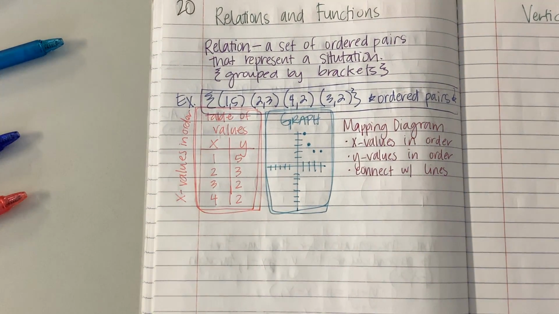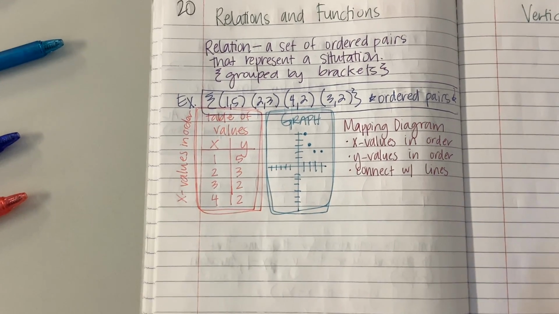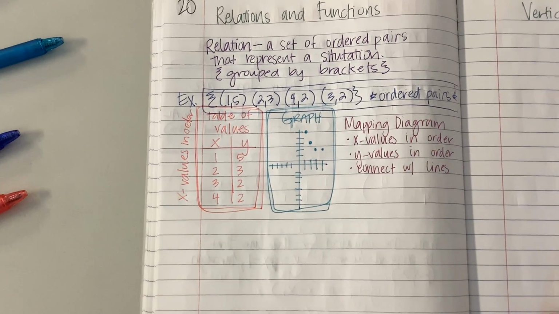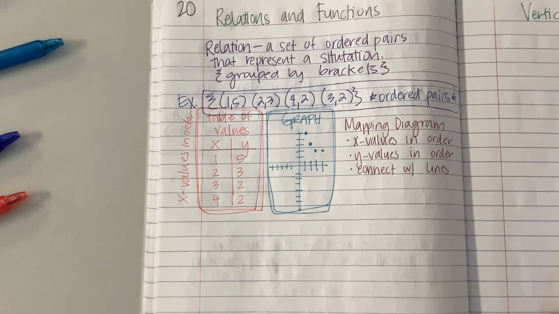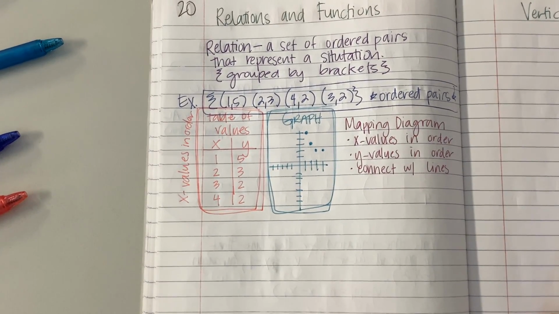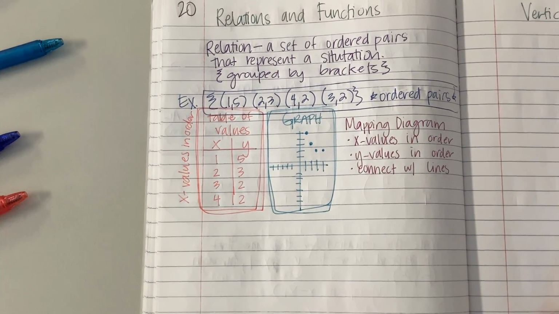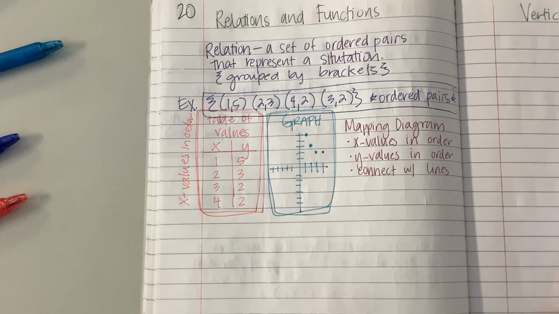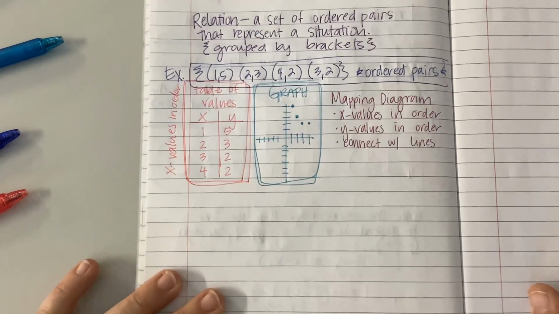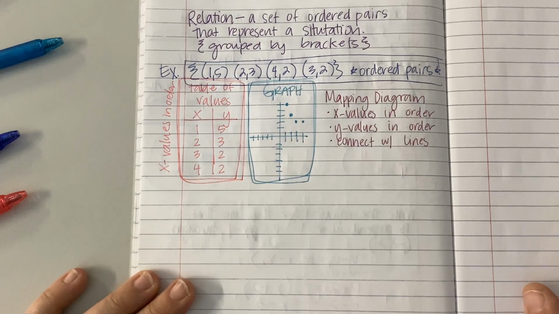Mapping diagram. A mapping diagram is great. It is a really easy way to see if relations are functions, which we're about to talk about. Mapping diagrams are great. They do look a little busy.